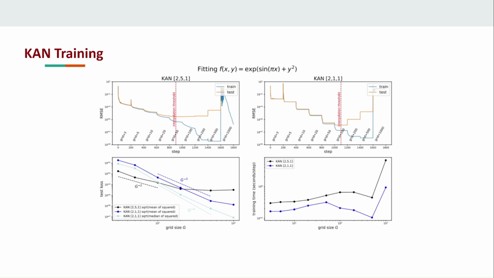Right, so this is a sample training curve on a toy example. The number of grid points starts at 3 and increases to a higher value every 200 steps. The optimizer used is LBFGS, which the authors claim performs well for a KAN.